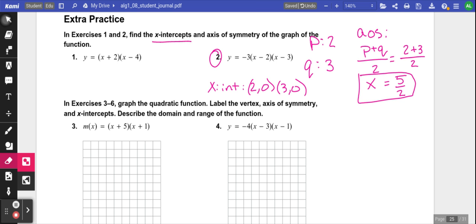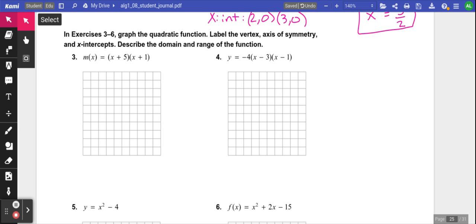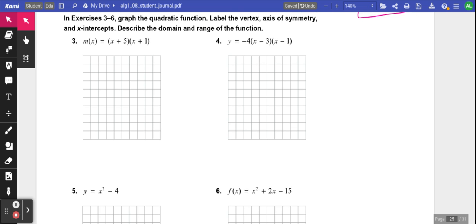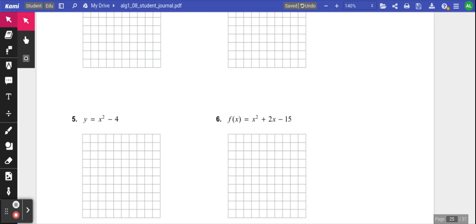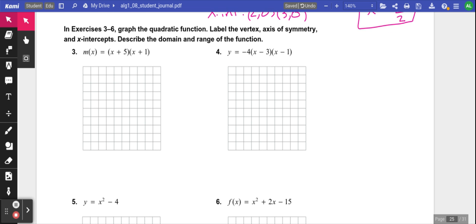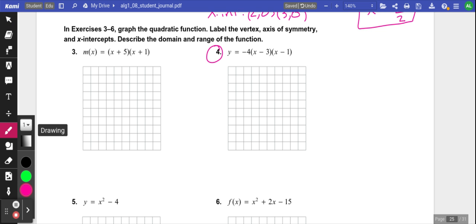So let's look over here at number 4. Okay. Again, some of these harder ones like 5 and 6 where you'd have to factor it out yourself, I'm not going to have us do that. I'm just going to have us look right here at these already factored equations.